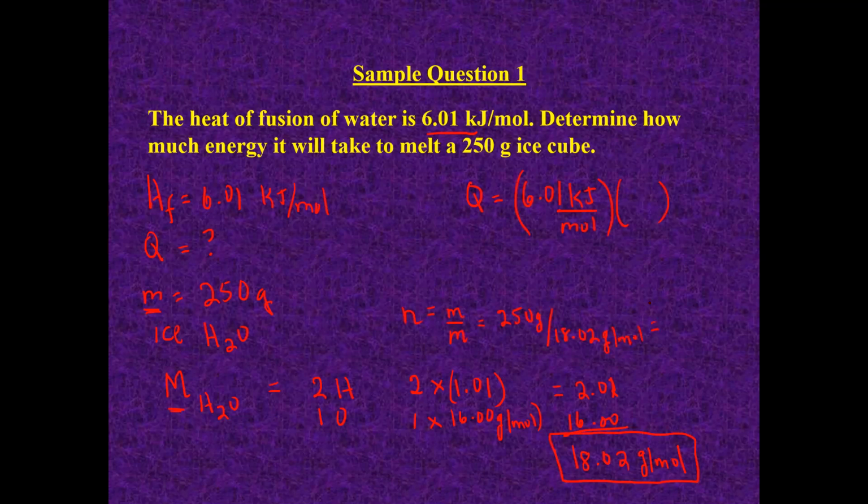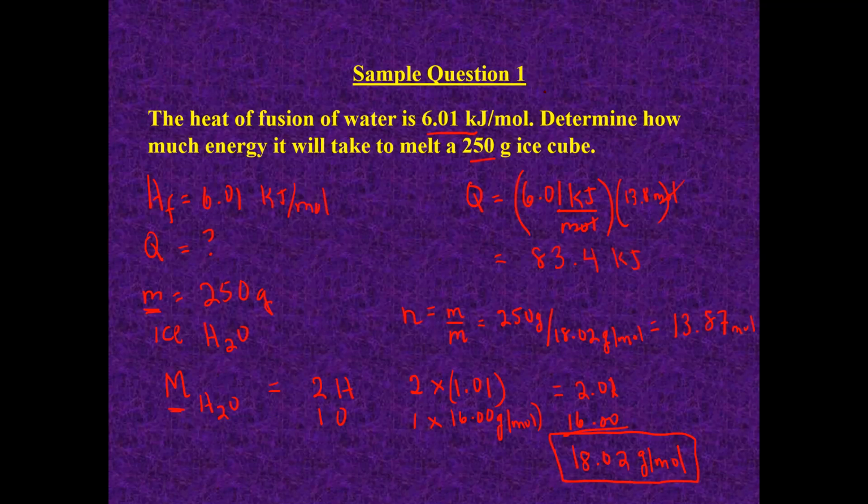And this is going to give me 13.8 moles. So now I substitute 13.8 here. My moles cancel out. I'm left with kilojoules. I'm going to multiply that by 6.01 and I get 83.4 kilojoules, 3 significant digits.